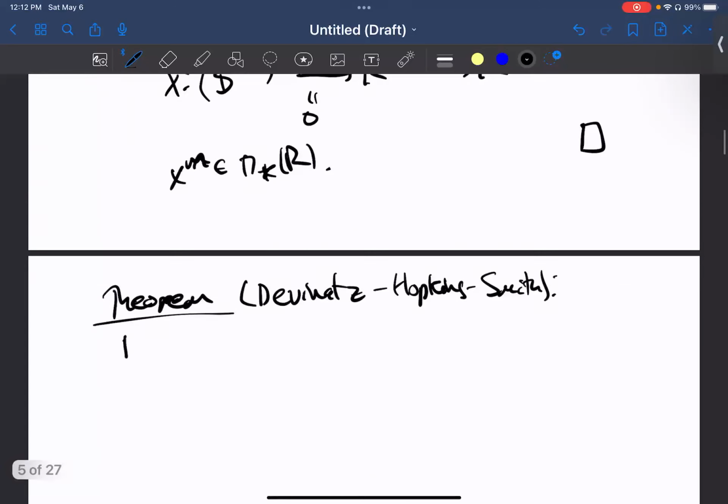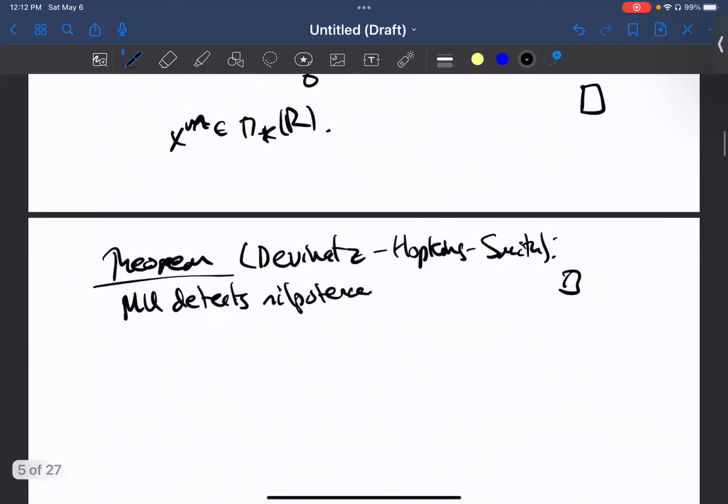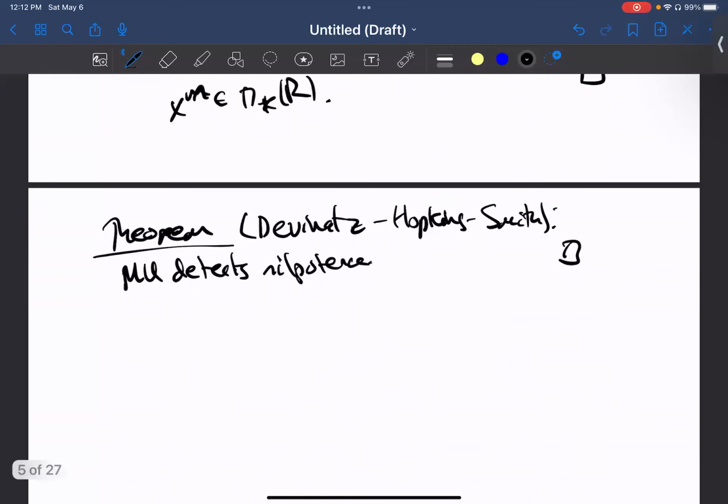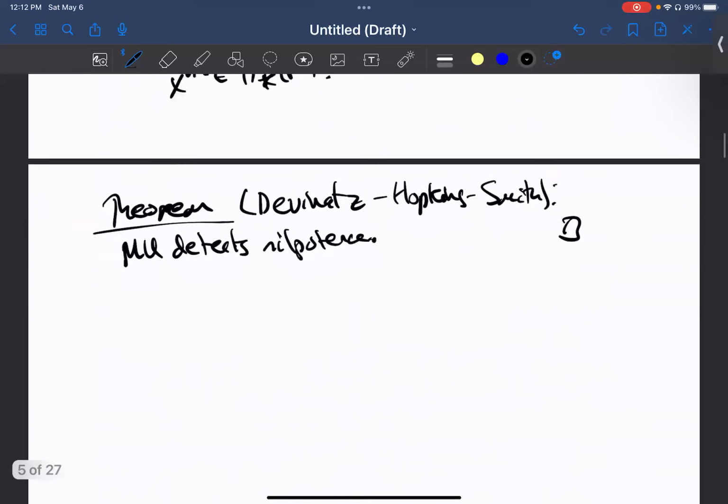And they proved that MU detects nilpotence. And we're not going to prove this today because it's a very long proof. But this is why MU is so interesting to study and why it really is at the heart of this whole chromatic story.